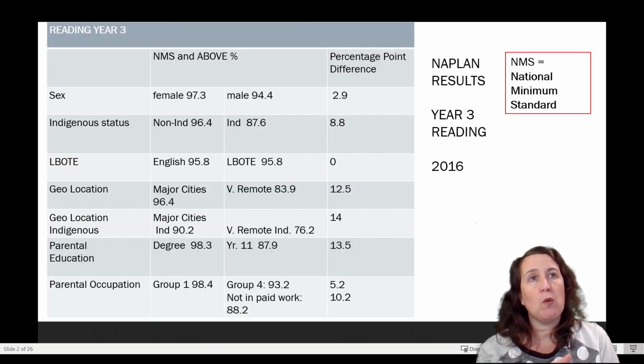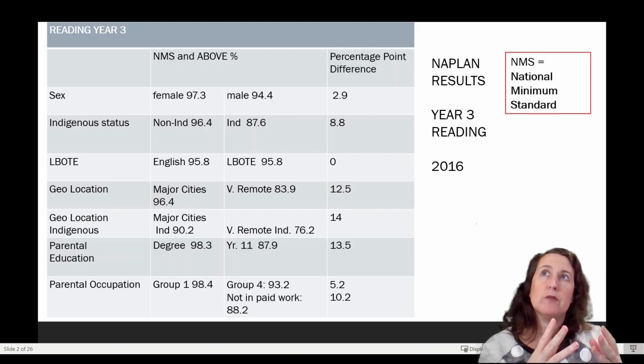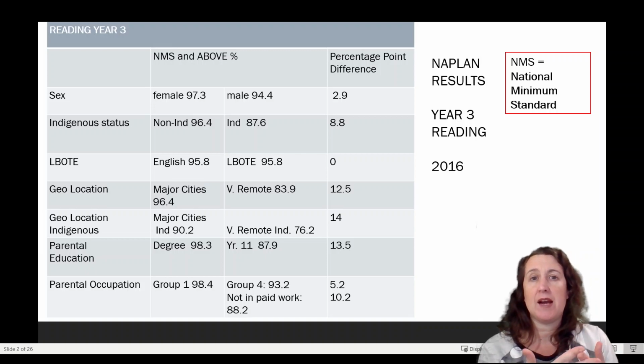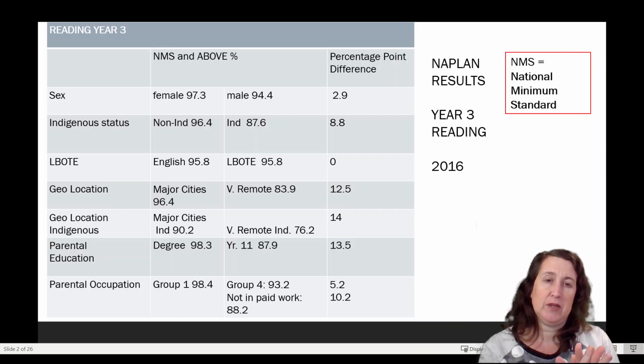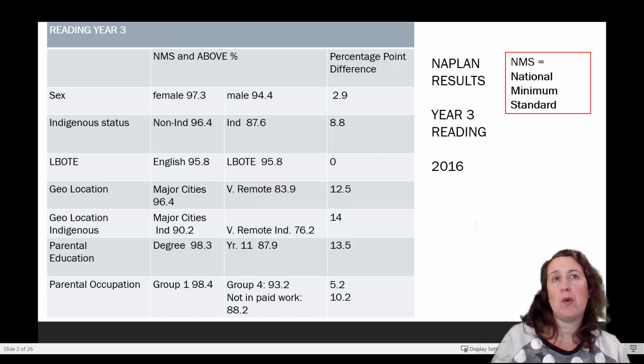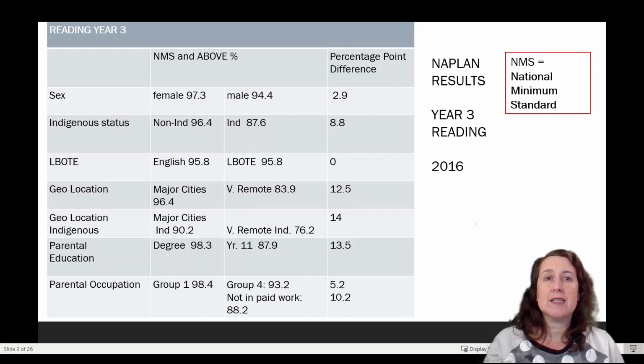So what we're going to examine now is how students' social groupings, or the social group of which they're a part, can impact on their educational attainment. The data that I've got behind me is a list of NAPLAN results at Year 3, and the data comes from 2016.